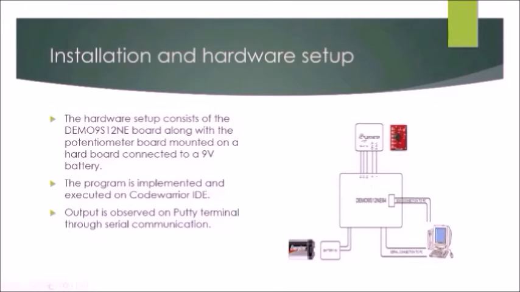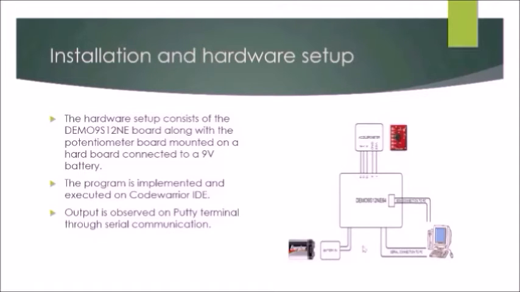This accelerometer gives analog output, and pins 10, 12, 14 are ADC, analog to digital converter pins, so they convert the output to digital. We used a 9 volt battery supply and one serial connector. One end of the serial connector is connected with the DEMO9S12NE, and the second end is connected with the CPU.